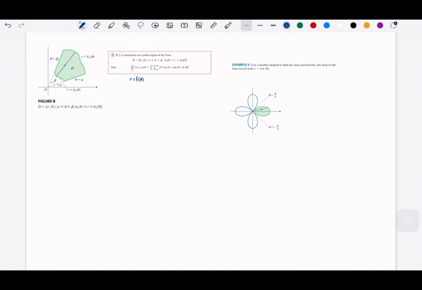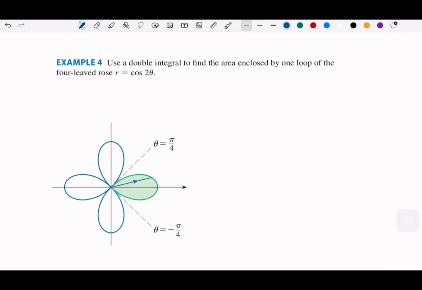So suppose that we have this rose curve. Okay. So this is from your chapter 10 in the polar curves. I hope you still remember. So find the area enclosed by one loop. So one loop means, in the rose curve for cosine 2 theta, we have 4 leaves.